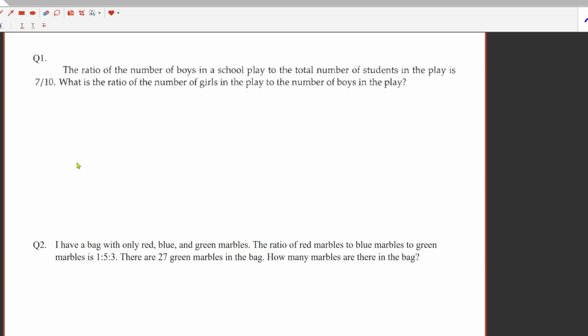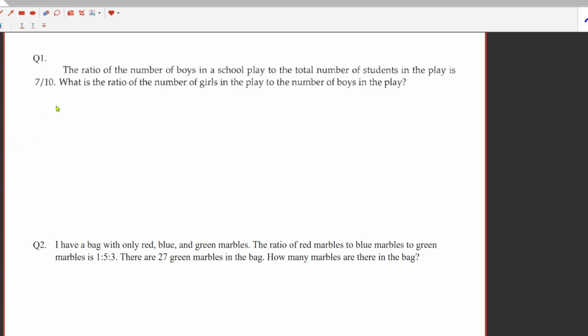Okay, question 1. The ratio of the number of boys in a school play to the total number of students in the play is 7 to 10. What is the ratio of the number of girls in the play to the number of boys in the play?